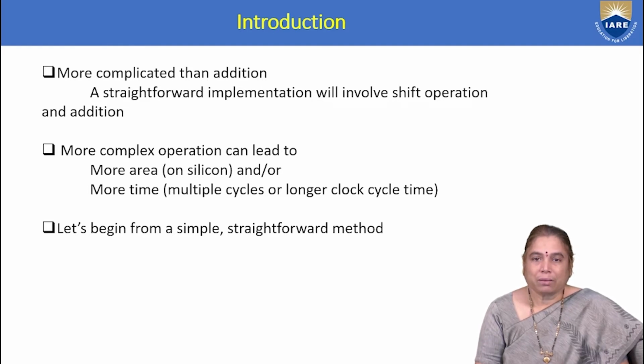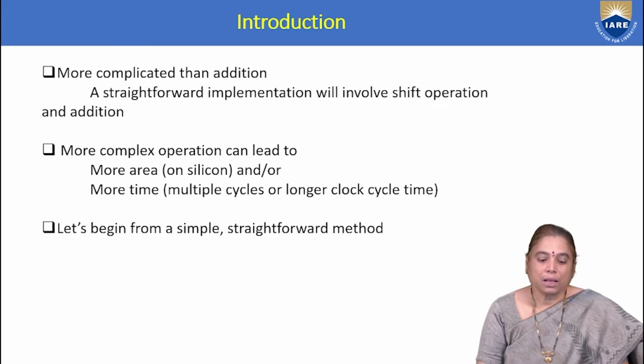A more complex operation can lead to more area and also more time. So the normal multiplication algorithm occupies more time as well as space, and its time complexity is more, but Booth's multiplication algorithm is more efficient when compared to the normal binary multiplication algorithm.